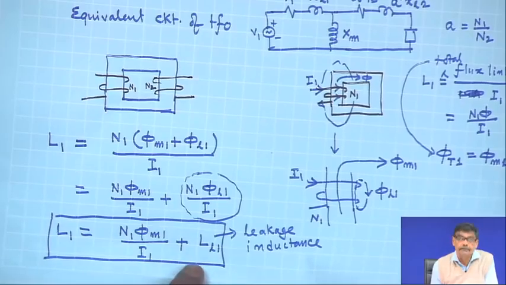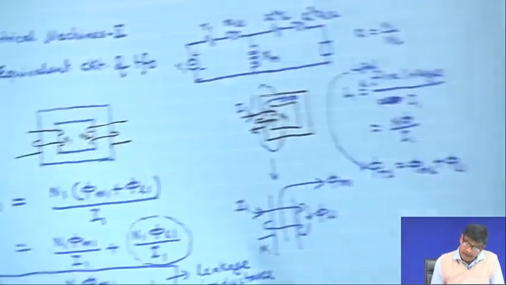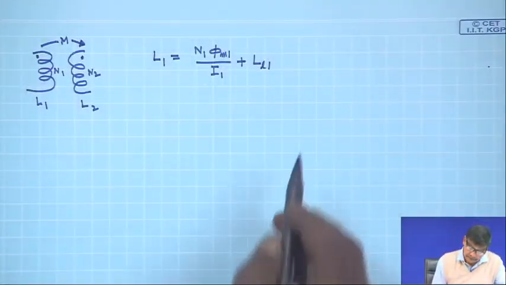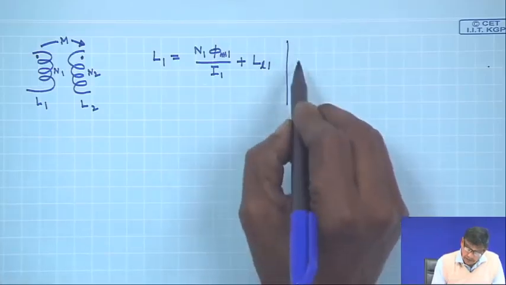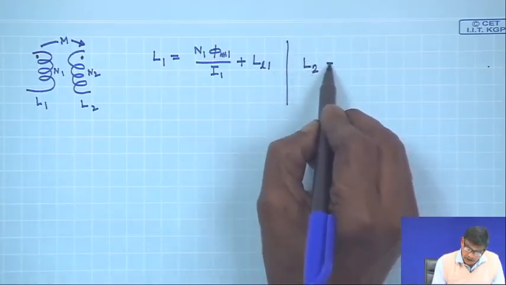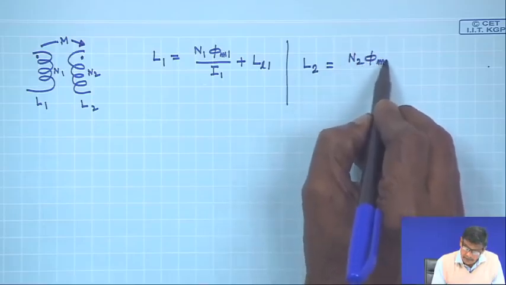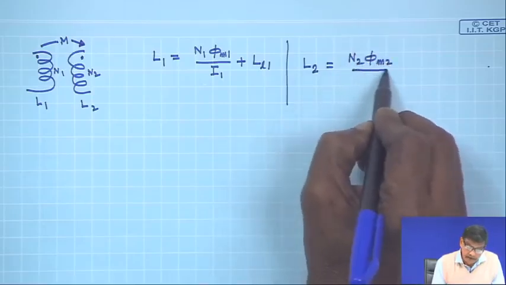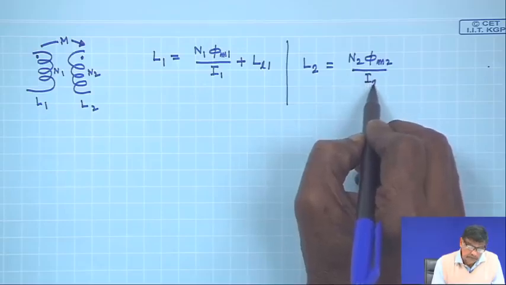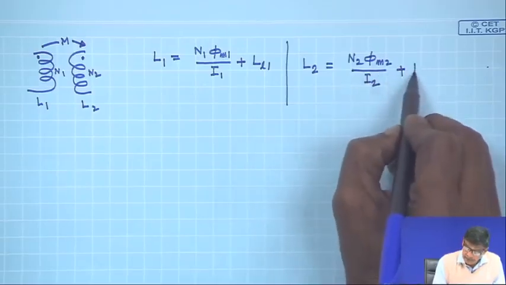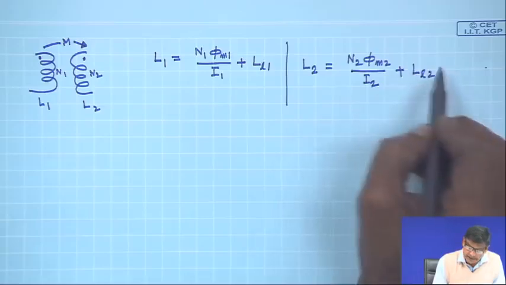Similarly L2 we got as N2 phi m2 by I2 plus L_L2. These are leakage inductances.